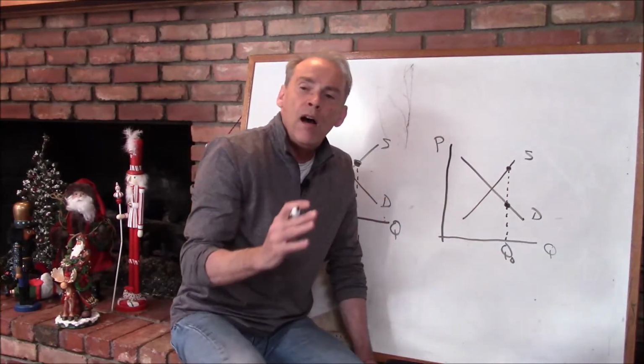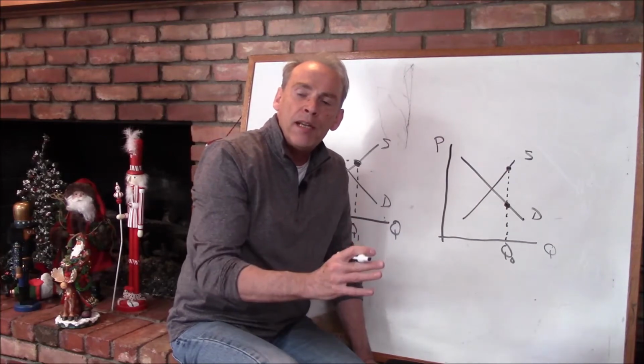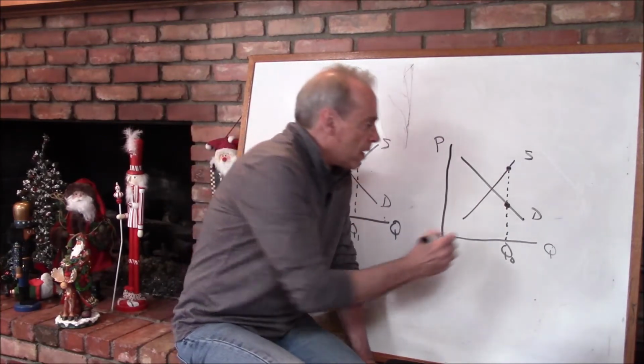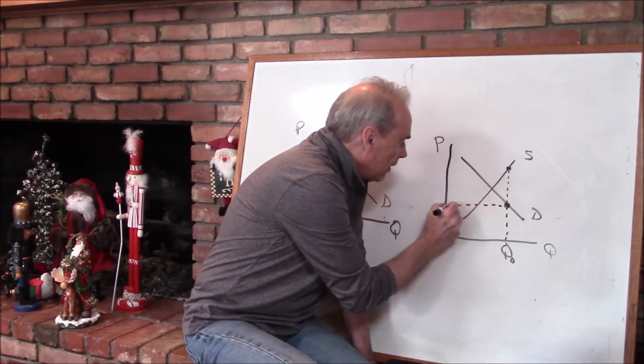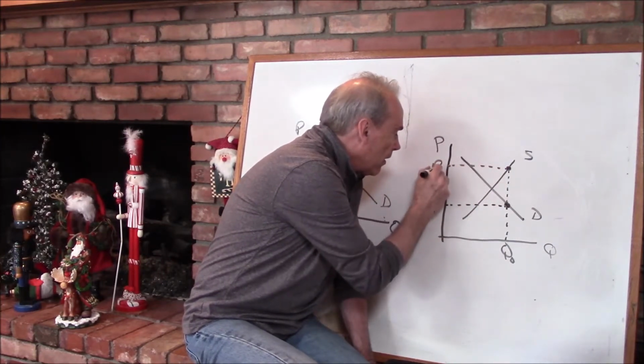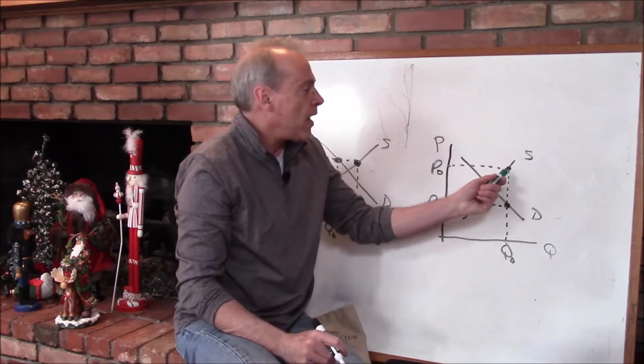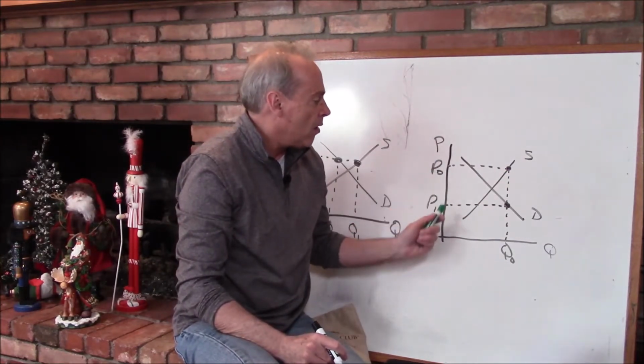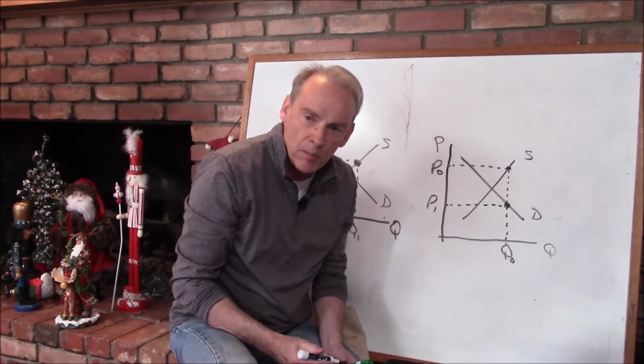He says, aha, that quantity is not an equilibrium quantity because the supply price is P sub 0, but the demand price is P sub 1.